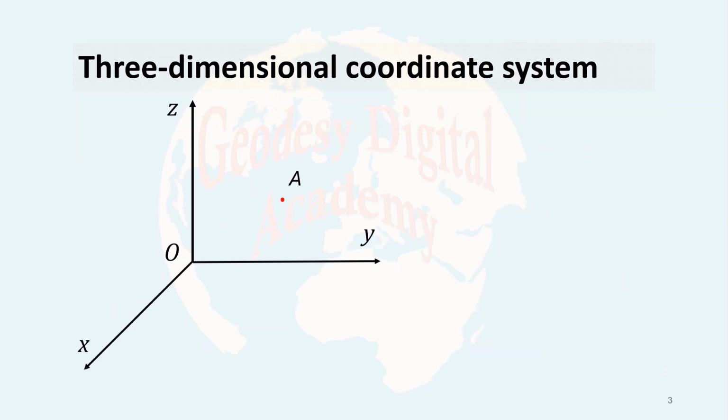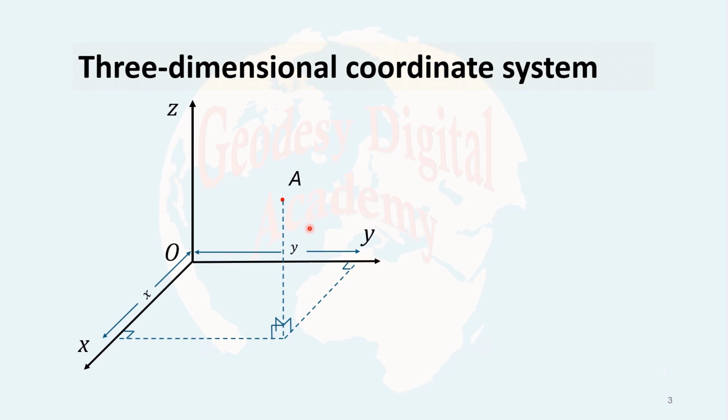Now let us add another dimension to our coordinate system. In this case, we will have a three-dimensional coordinate system. And the point A is projected to the x and y plane, and the projected point is again projected to the axis x and y. And similarly, we can say that the distance from the origin and this projected point here is called x, and the distance from the origin and the projected point at the y-axis is called y-coordinate.